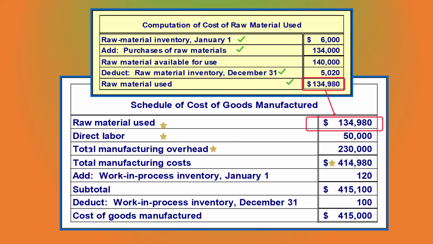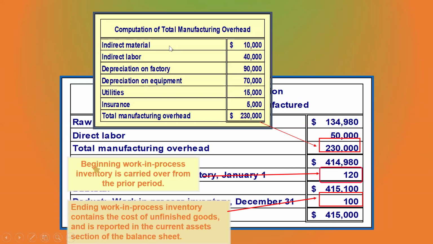In most cases, total manufacturing overhead or MOH is given, this one. And if MOH is not given, then we have to calculate it in this way. Here you can see the computation of manufacturing overhead.